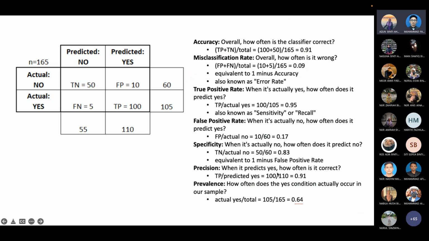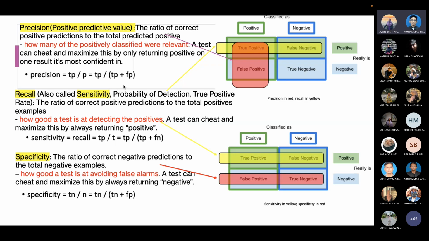Okay, TP bahagikan dengan TP plus FP. So you akan dapat precision.